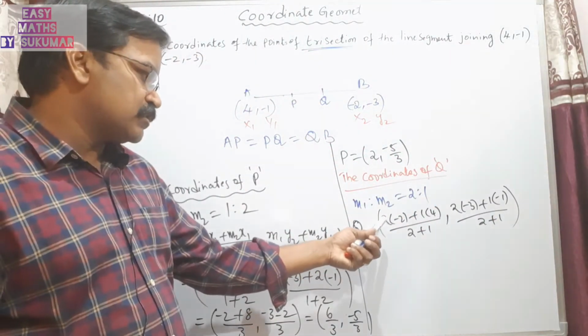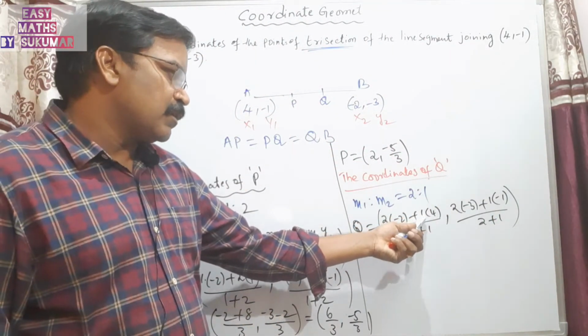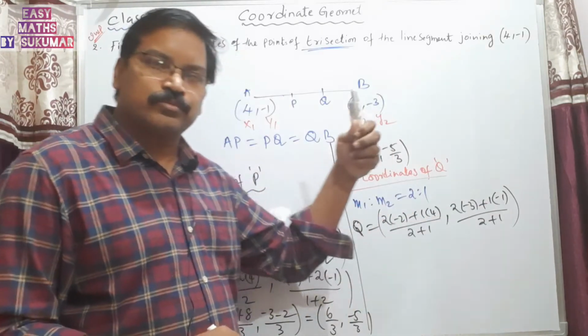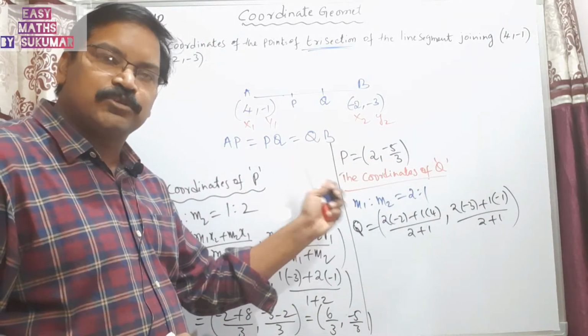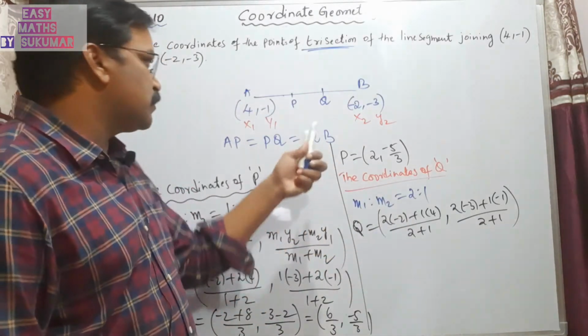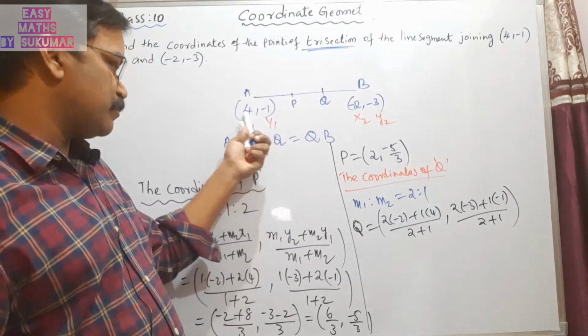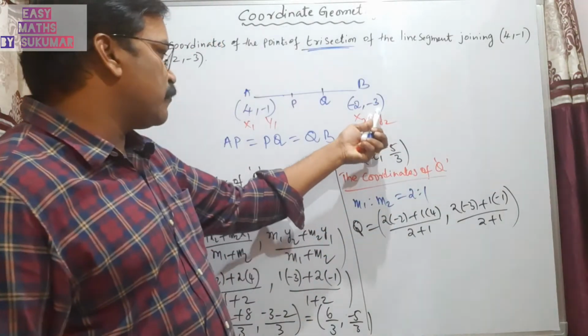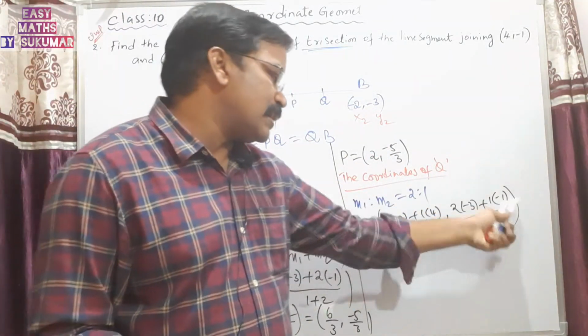Understood? This is M1, M2, M1, M2. M1, M2 are respectively 2 and 1. Here this is x2, x1, that means minus 2 into 2 plus 4. Here y2, y1, that means minus 3 minus 1.